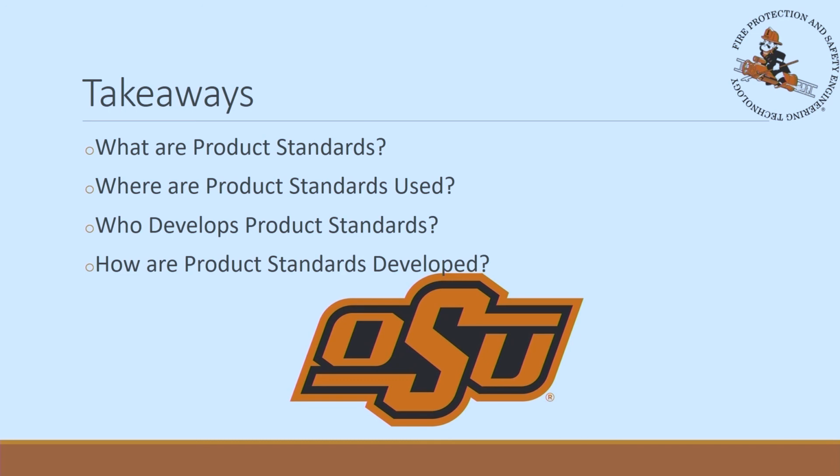Who develops the product standards? Well, these are developed by standards development organizations like UL, FM, NFPA, and others. And they're developed by technical panels of subject matter experts who discuss the technical merit and can weigh in and determine, yes, this is what's needed for this product to be successful.